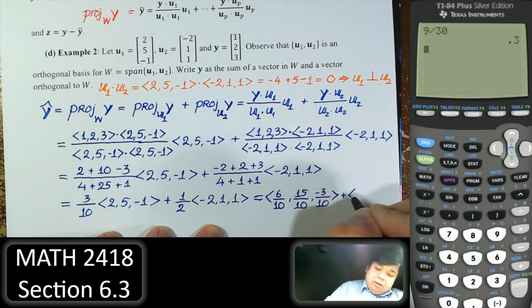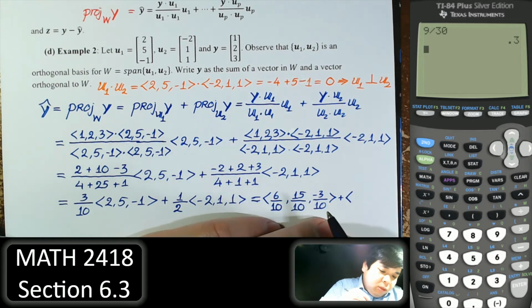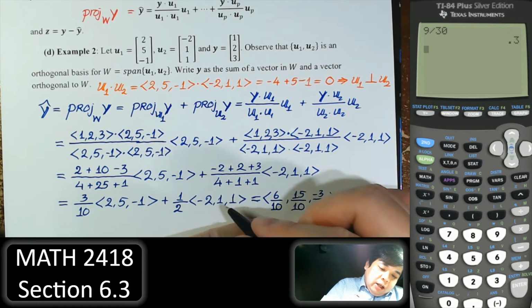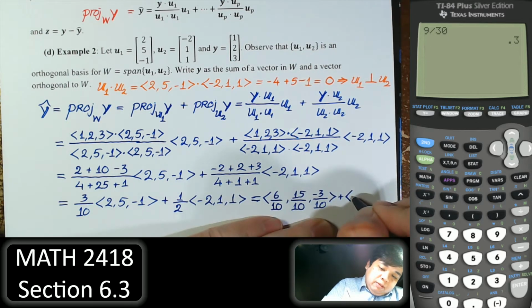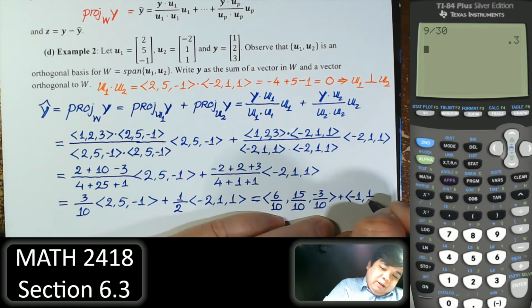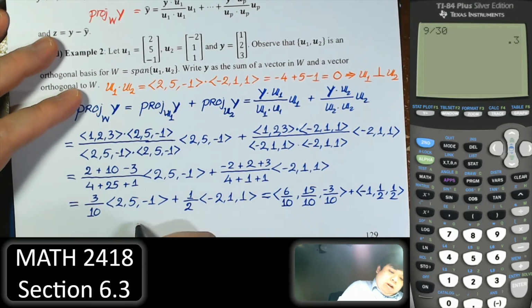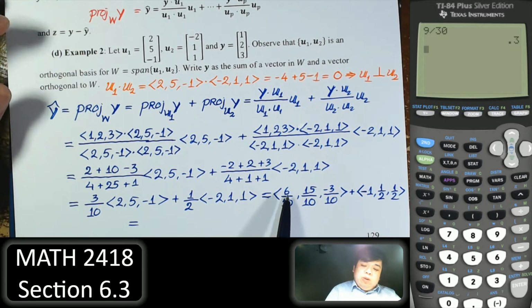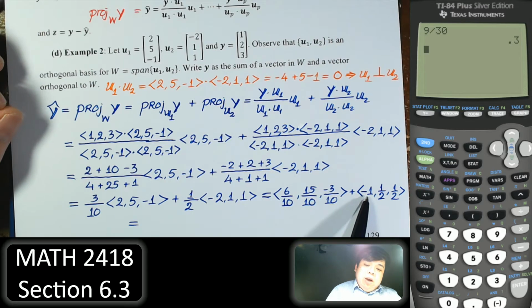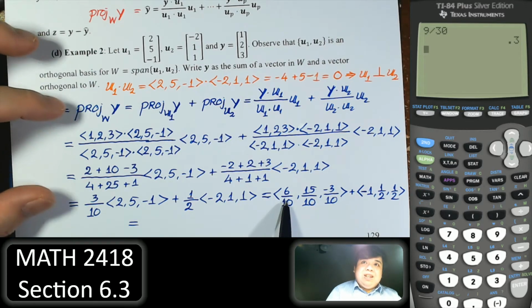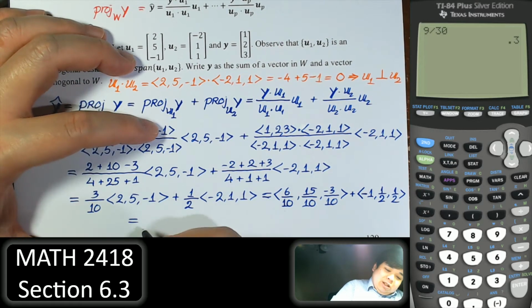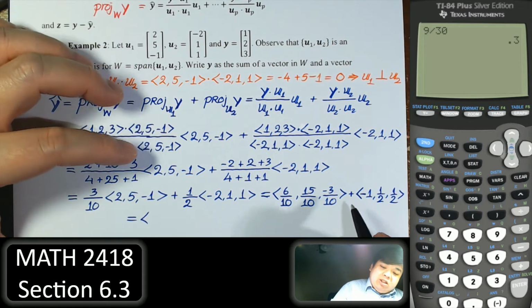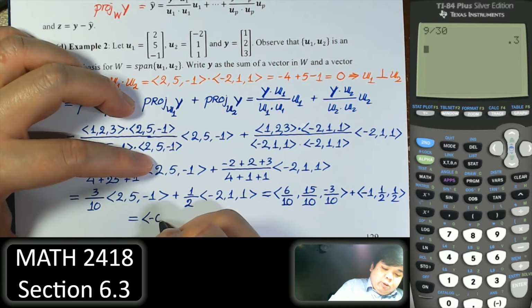Plus negative 2 over 2, that's silly, so it's just negative 1, and then 1/2 and 1/2. Right, just add them. So this is 6 over 10 minus 1, so 0.6 minus 1, that's negative 0.4.